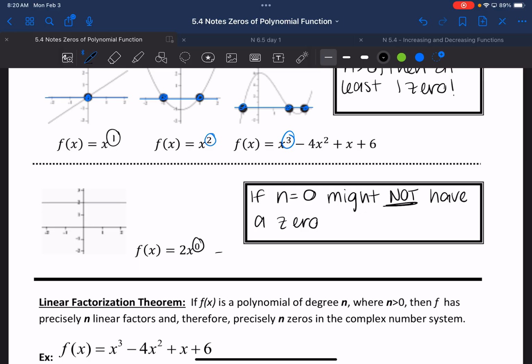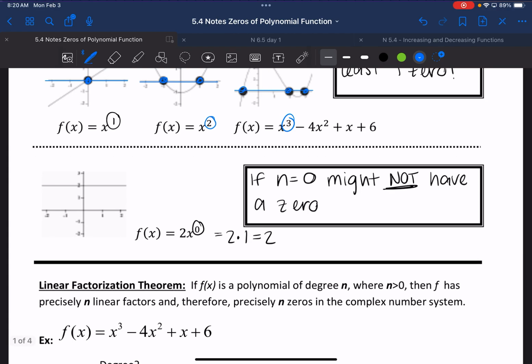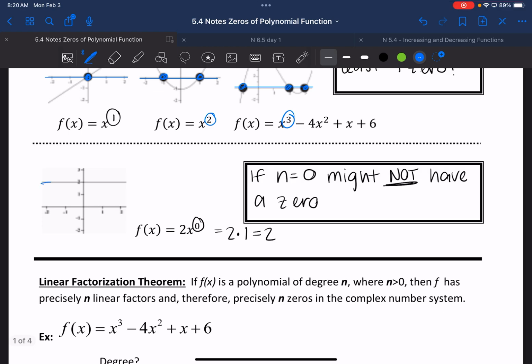So this is equivalent to 2 times 1, right? And 2 times 1 is just 2. So that's why in this picture you can see that we have a horizontal line here at 2. So this is a prime example. My exponent was 0, and did we ever touch the x-axis? So no zeros here. All right, so if it's greater than 0, we'll have at least 1. If it is 0, we might not have any at all.